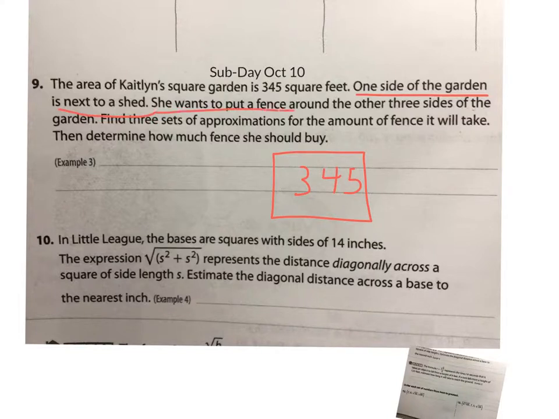She wants to put a fence around the other 3 sides of the garden. Find 3 sets of approximations for the amount of fence it will take, then determine how much fence she should buy. All right, so looks like there's a shed right here. Okay, let's put a roof on the shed, even though that kind of doesn't make sense. And it's saying that she needs to build a fence around 3 sides.